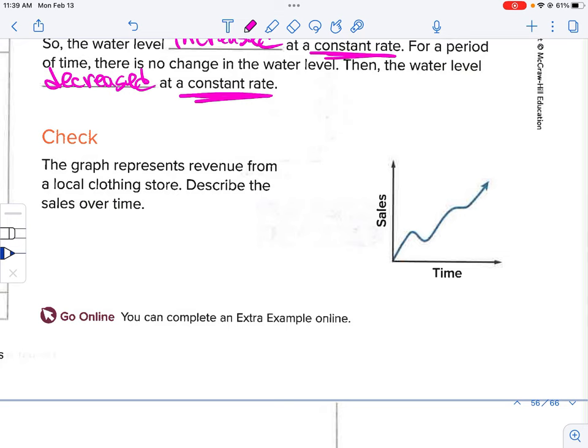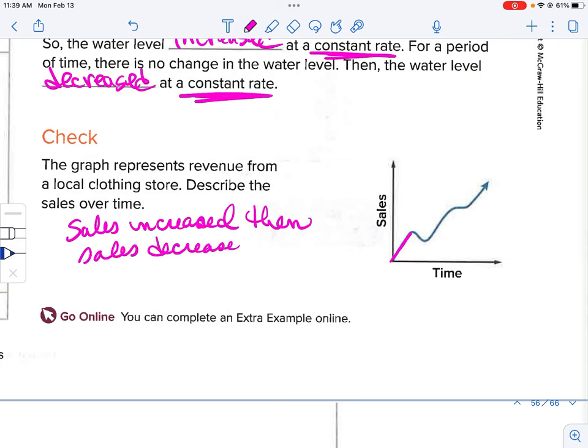Okay, so as we look at this, it's talking about sales. Okay, so let's talk about it. Sales increased. Then sales decreased. Then they increased again.